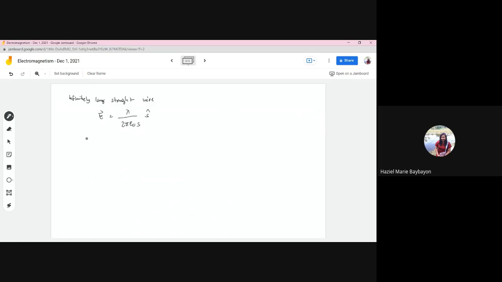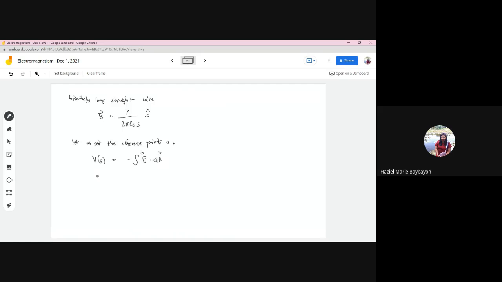So we just set, or let us set, the reference point at A. Okay, so at A. So that V sub S, or V as a function of S, is equal to the negative of the integral of E dot dl.